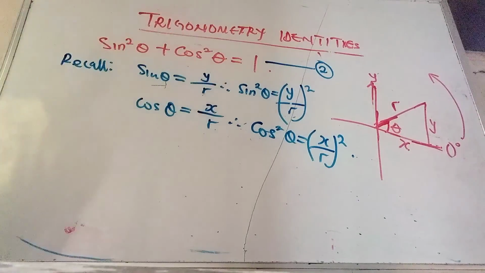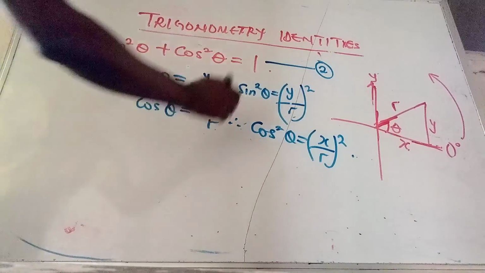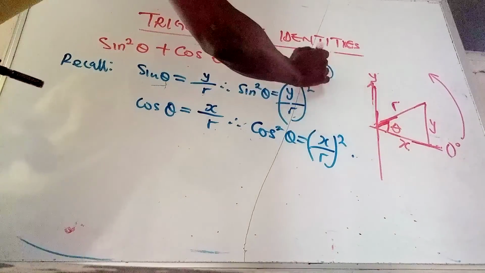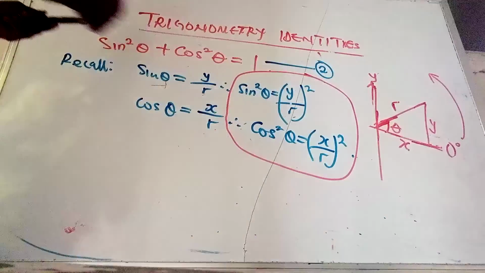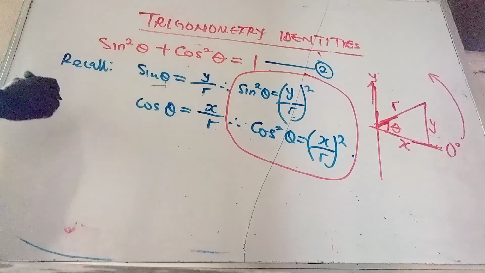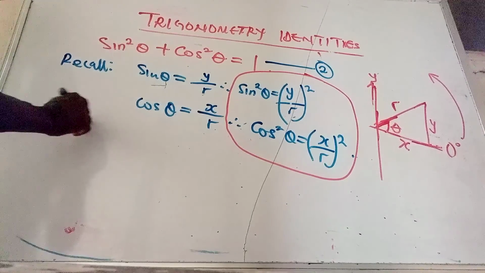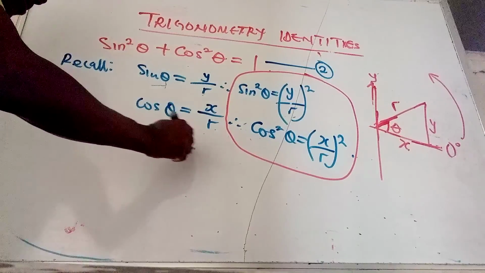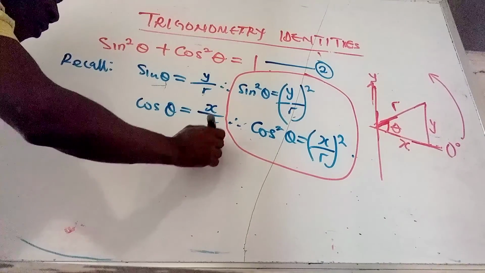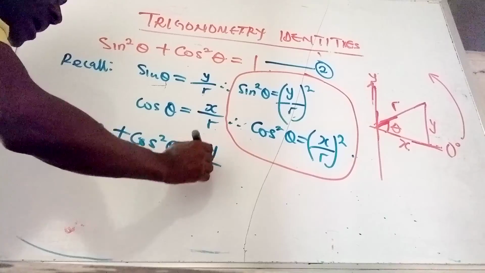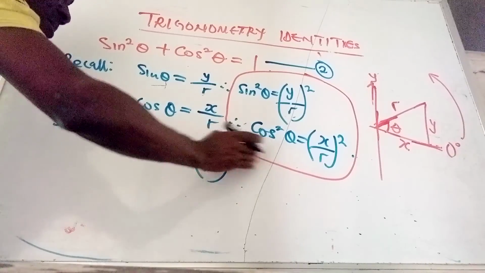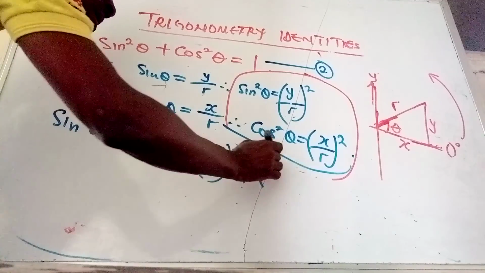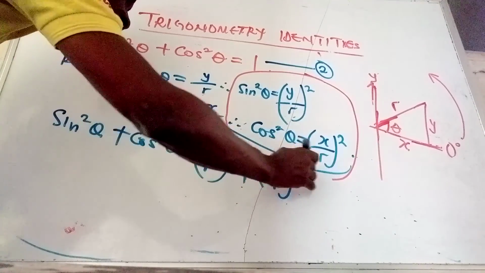Now, if I add these two together, that means sin square theta plus cos square theta will be y over r all squared plus x over r all squared.